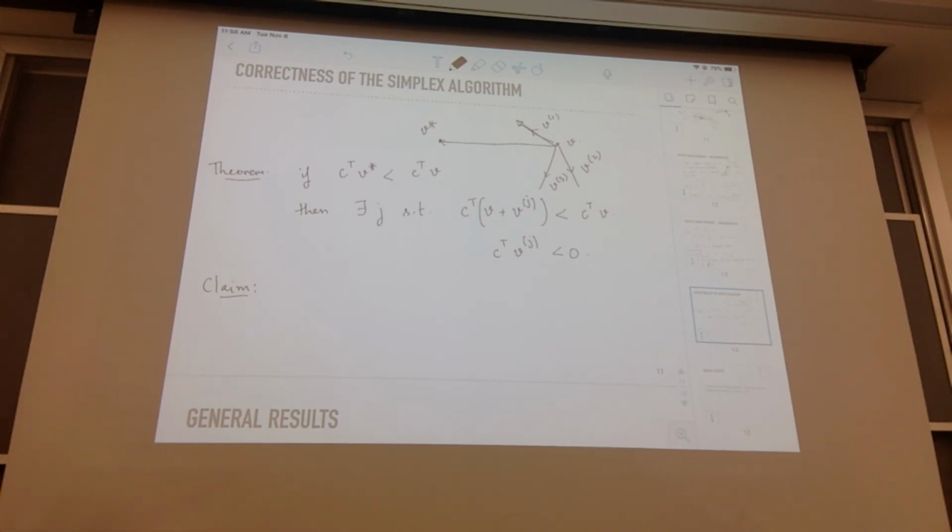It is: V star minus V, the direction of V star, can be expressed as the sum over j of alpha j v j, where alpha j are all bigger than or equal to 0.